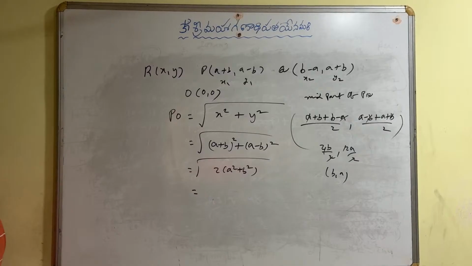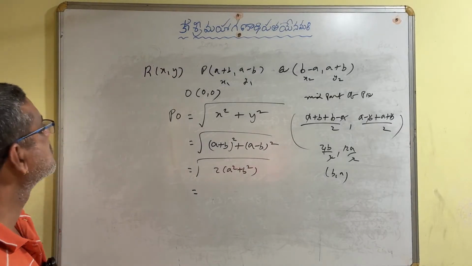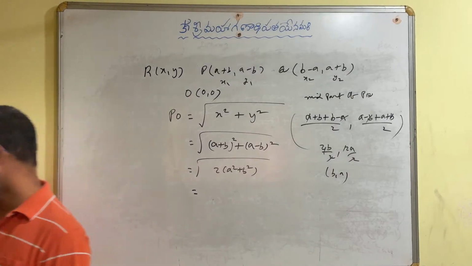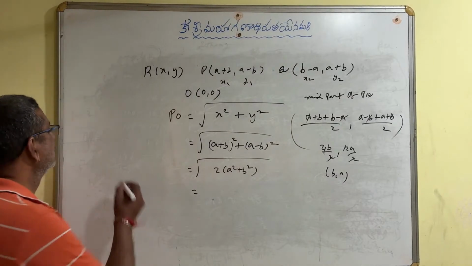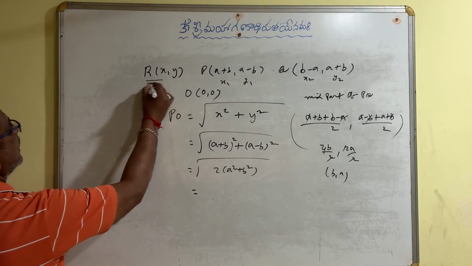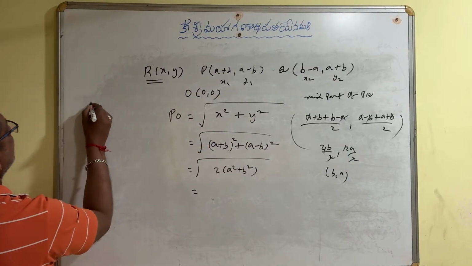And lastly, what we have to prove? ax is equal to by. Means you need the PR distance. Given R is equidistant from these 2 points, na?